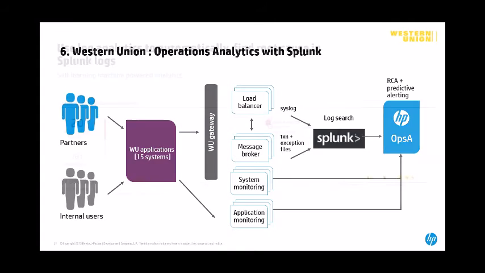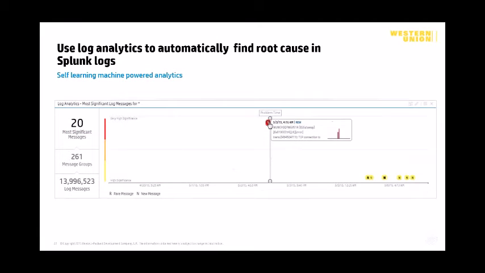So the idea here is that, again, Western Union wanted to really do more with the log data that they have and use the self-learning machine capability that operations analytics has.